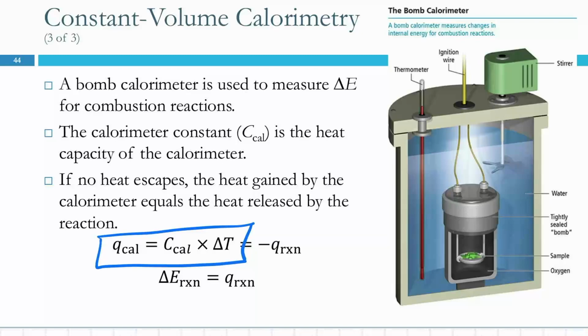So for our lab, we're going to be adding two amounts of water into our calorimeter. We know what the final temperature is supposed to be because we can calculate it. Any of that heat that's lost, we're going to assume was gained by our calorimeter. So we can calculate our C value for our calorimeter, which is going to be helpful for the rest of our lab. That's kind of the only part on here that's relevant.